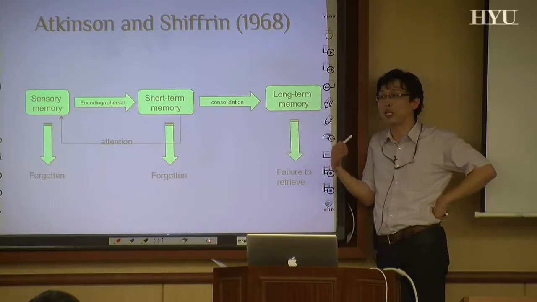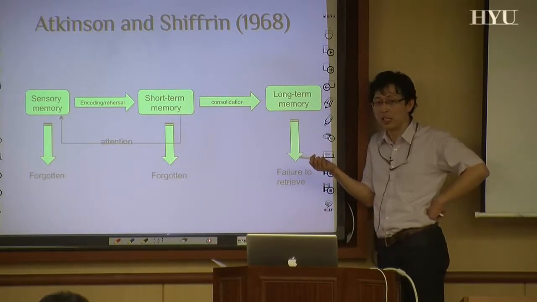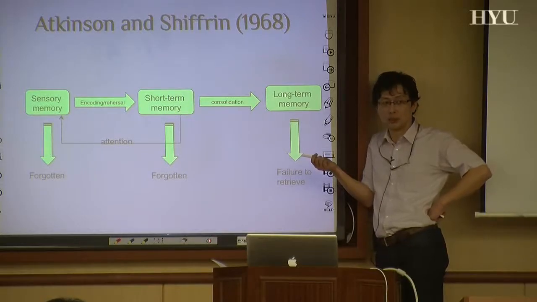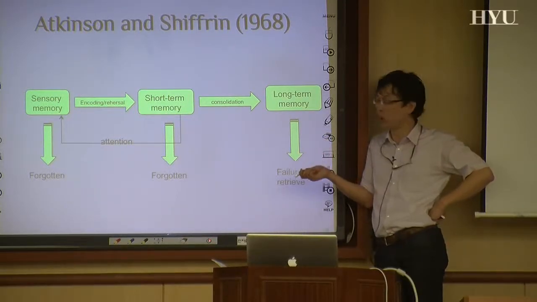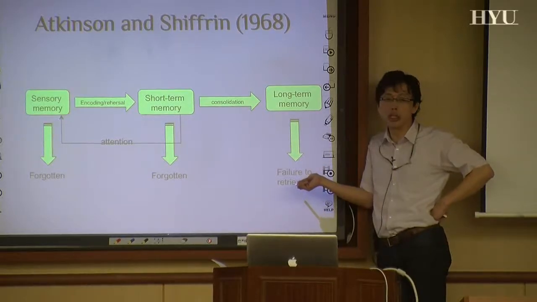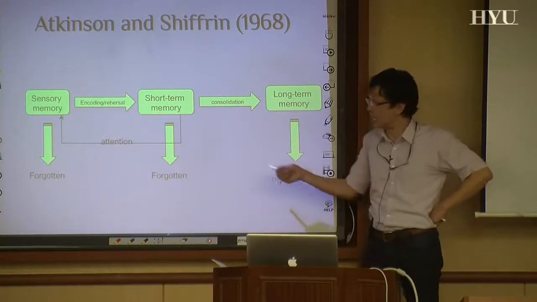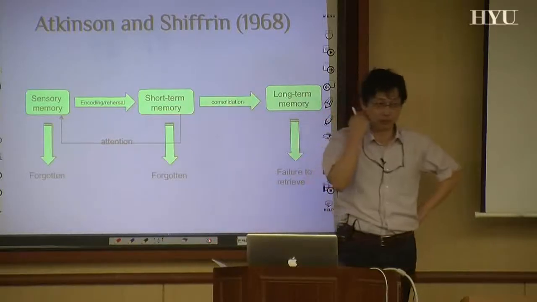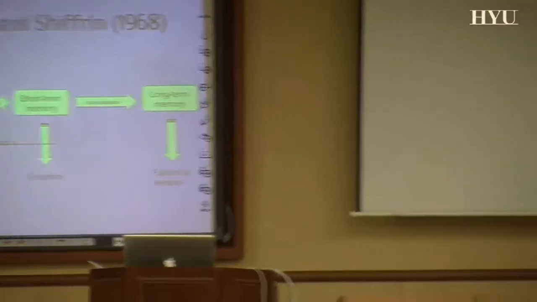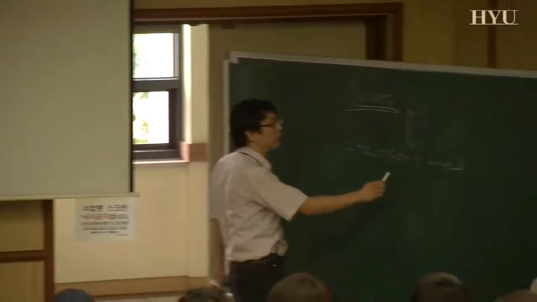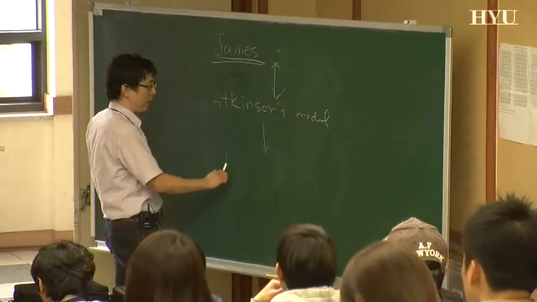If some information goes into your long-term memory, it is stored, but you can't retrieve it. We simply say that is forgotten, but actually there is no forgetting in long-term memory, only failure to retrieve. But here, in short-term memory, we have forgetting. That is the Atkinson model. And then, probably in the middle of today's lecture, I'm going to explain Baddeley's model.